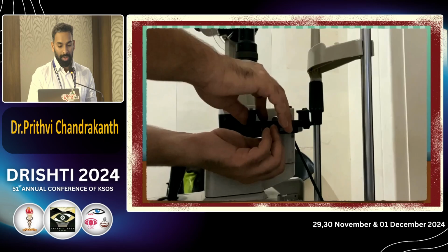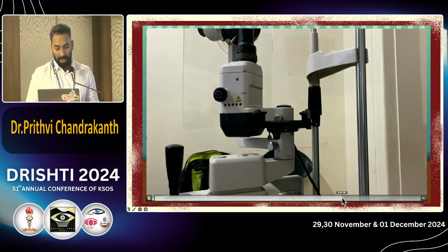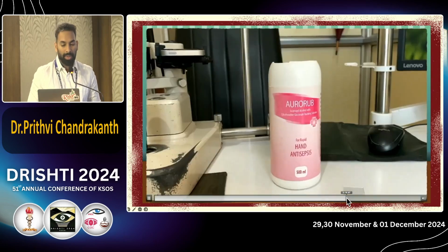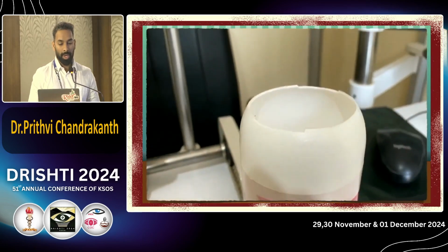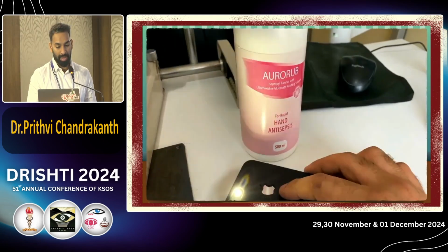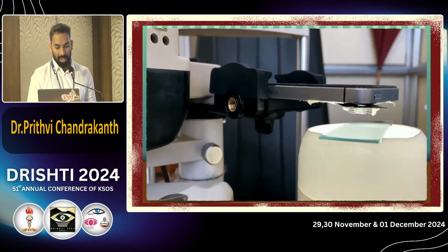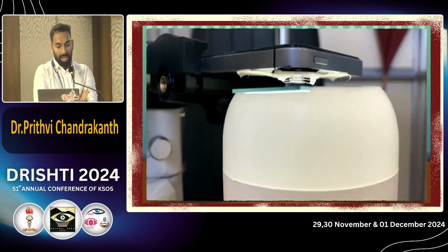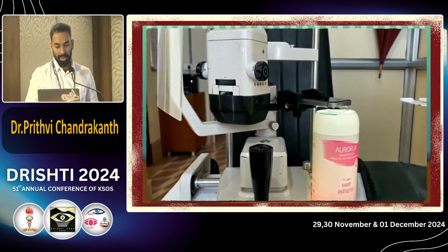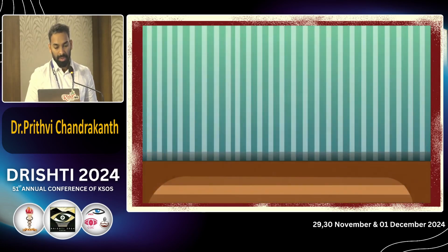Once you fit it and attach the IOL scope, you will be ready to take images of KOH mount etc. in your OPD itself. You just need to keep the smartphone there with the IOL scope attached, keep an illumination source down, and then you can take images of the fungal hyphae at the OPD itself.